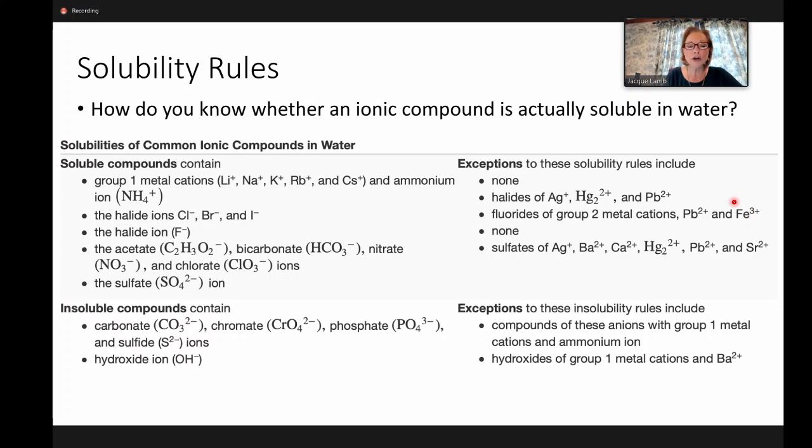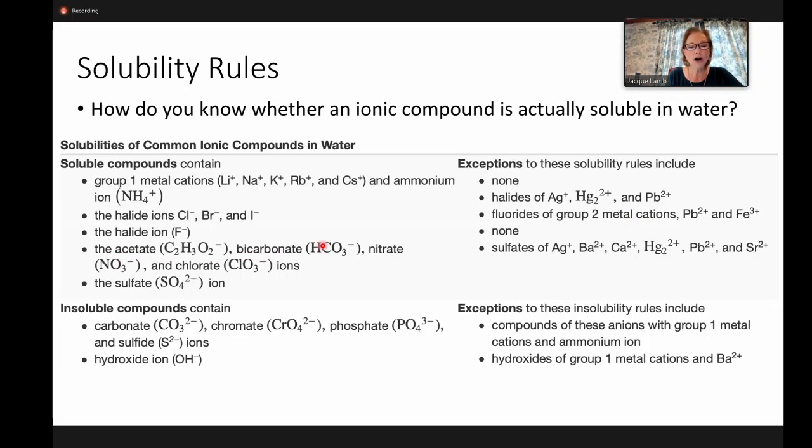So iron 3 fluoride would be insoluble. Most fluoride salts are soluble, but iron 3 fluoride would not be. Lead 2 fluoride would not be. And anything in the group 2 metal cations, calcium, magnesium, those fluorides would also not be soluble.